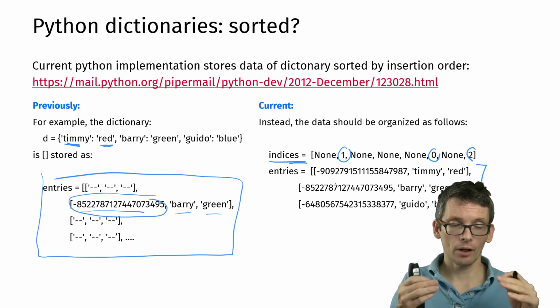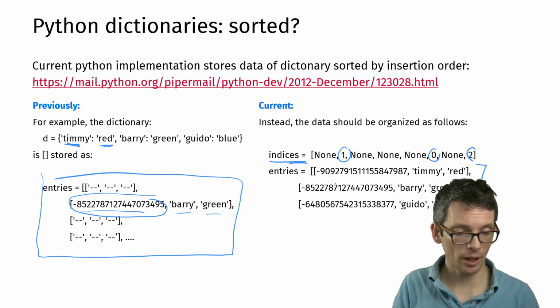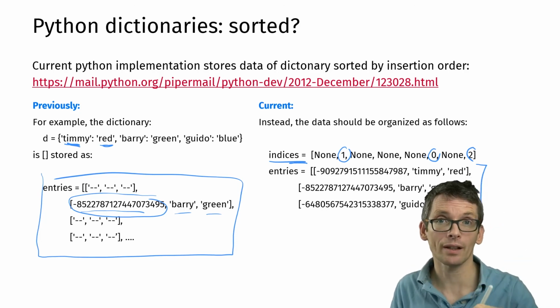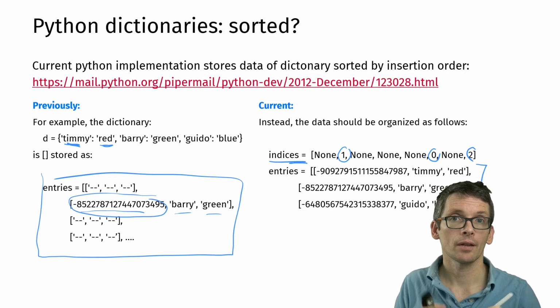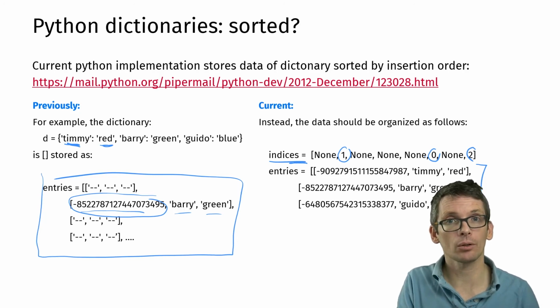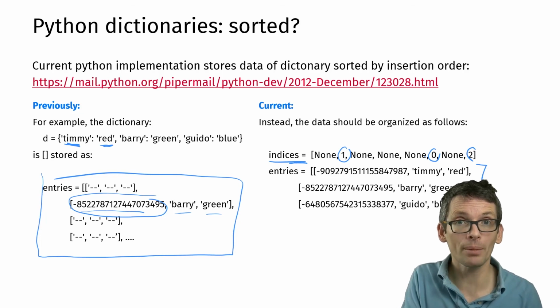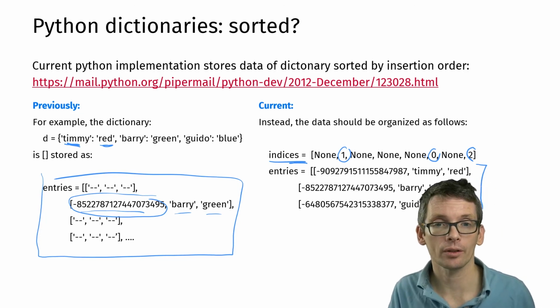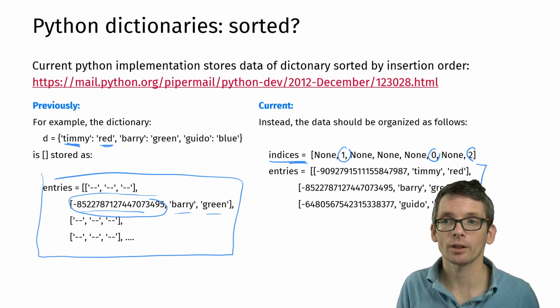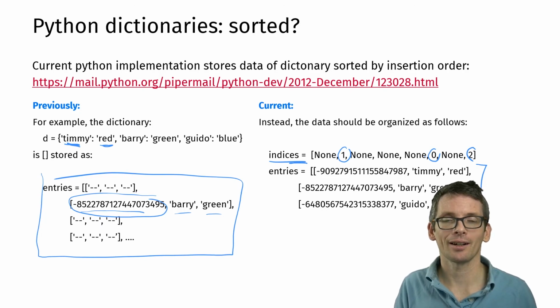So if I look up in the hash table, I get this index, I can look into that other table. And that other table is the one that is sorted. So the hash table is still a hash table, but this is now much more compact than the version on the left-hand side. And that's what sorted dictionaries are about.